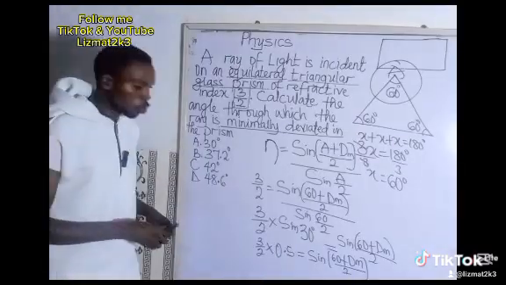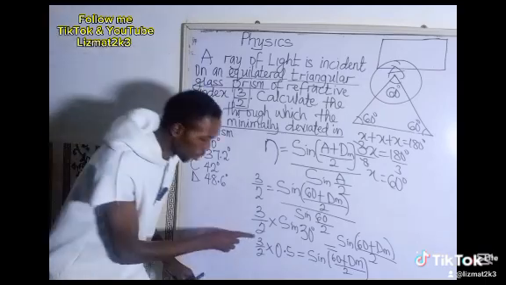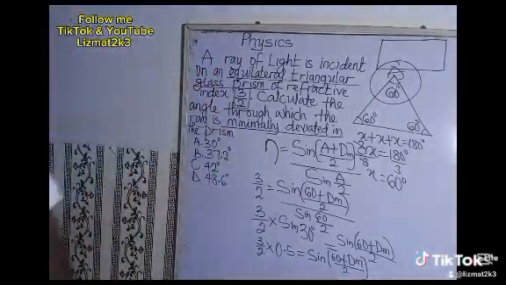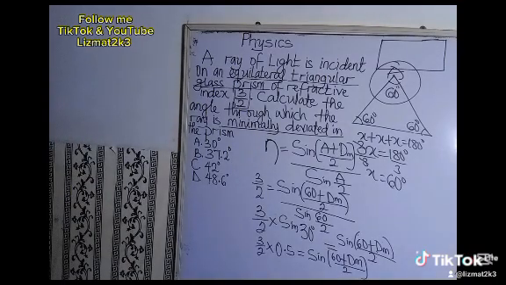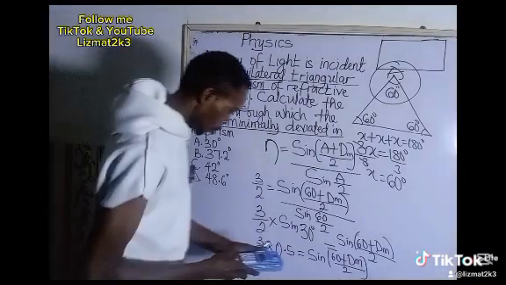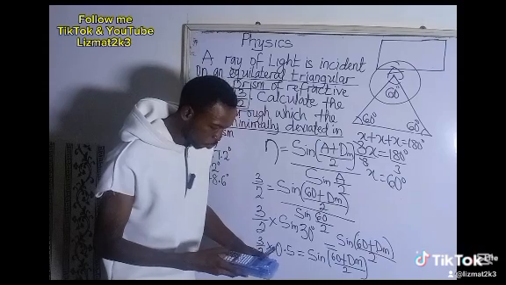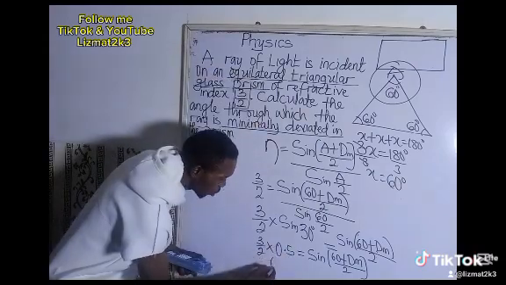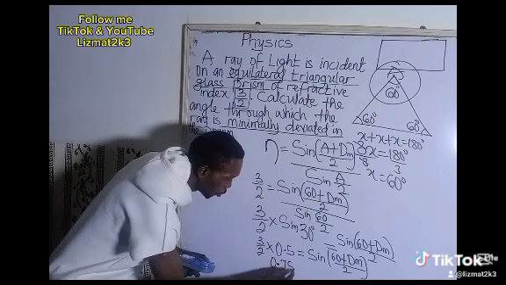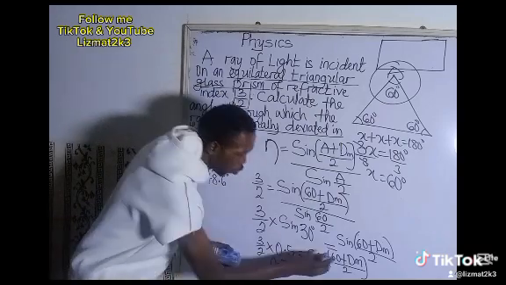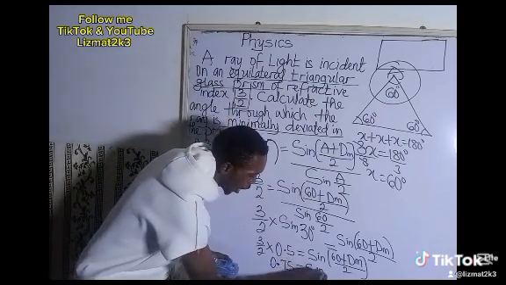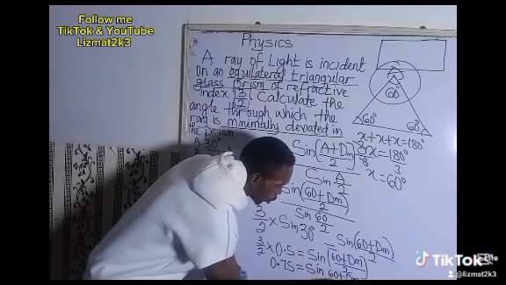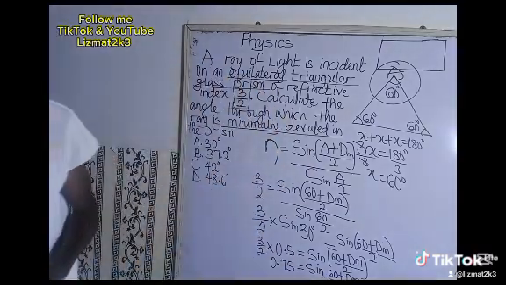Can you see? Now using our calculator, 3 divided by 2 multiplied by 0.5 will give us 0.75. Can you see? That is equal to sine of 60 plus the angle of minimum deviation divided by 2. So let me take the sine inverse of this.